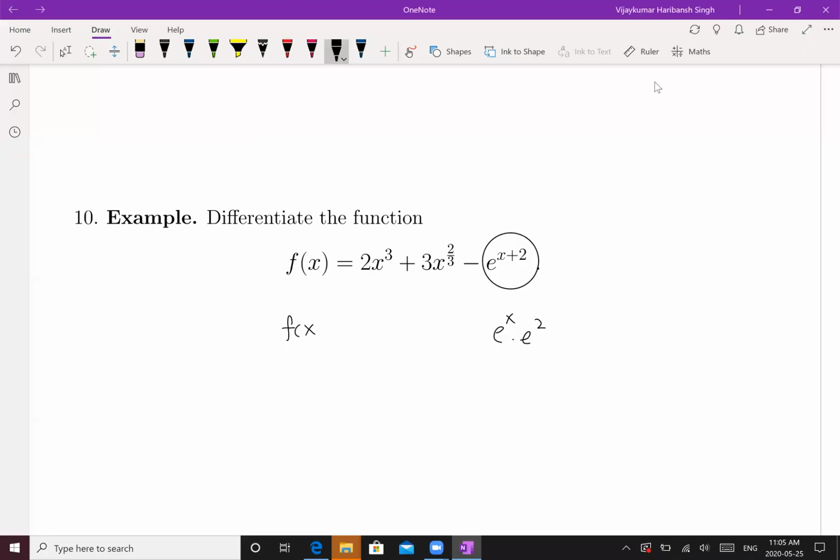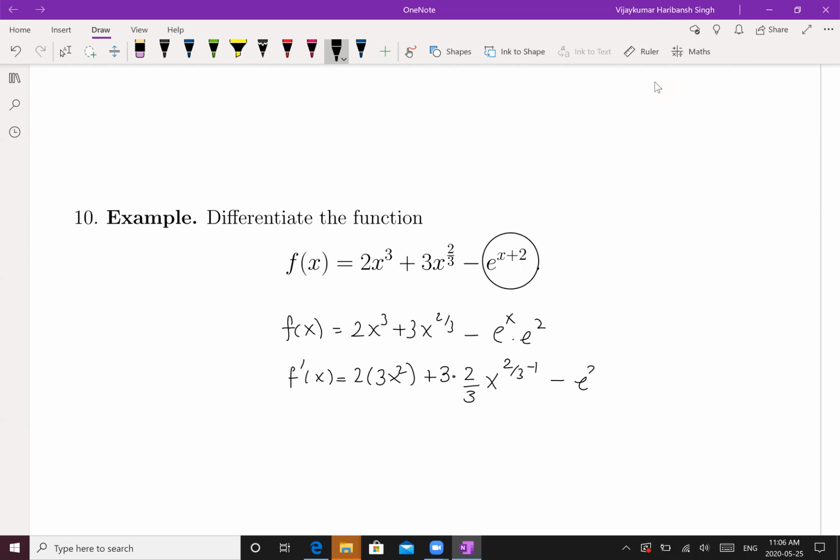f of x equals 2x cubed plus 3x to the power 2/3 minus e squared times e to the x. Now, we'll use the sum rule, constant multiplication rule, power rule, and the derivative of the exponential function. So we get 2 times the derivative of x cubed, which is 3x squared, plus 3 times, again applying the power rule on x to the power 2/3, that's 2/3 times x to the power 2/3 minus 1.